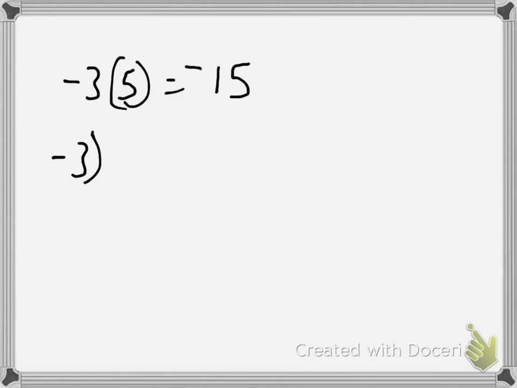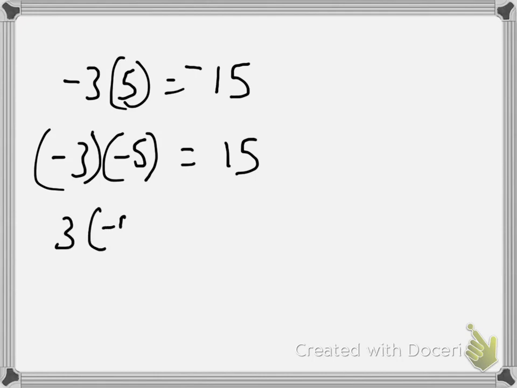Negative 3 times negative 5, once again, we would still do our multiplication and get 15, but the two negatives, in a sense, cancel each other out to give us a positive 15. So 3 times negative 5, once again, multiply and get 15, one negative makes it negative.